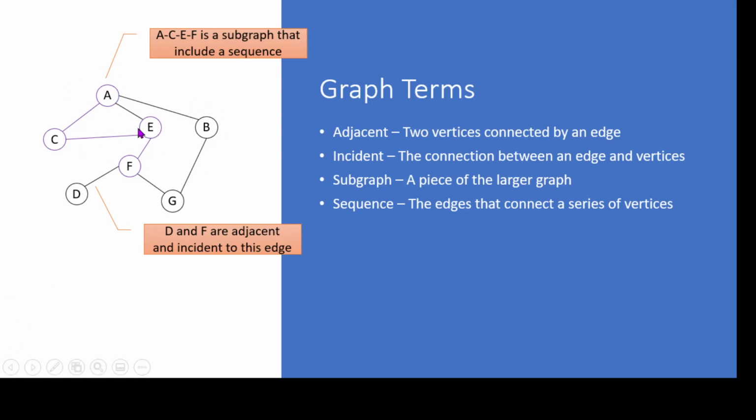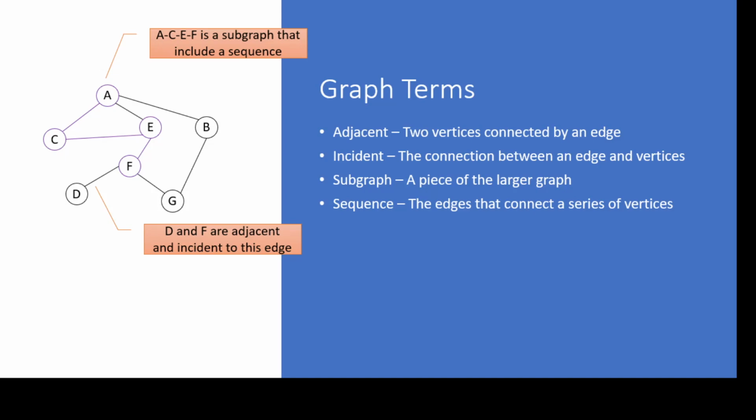And so A, C, E, and F are also a graph that happen to be a subgraph of this larger graph that also includes D, G, and B. And so a sequence then is some connection, in this case A to C to E to F, of adjacent nodes. So A is in this case adjacent to both C and E, but A being adjacent to C, being adjacent to E, being adjacent to F forms a sequence.